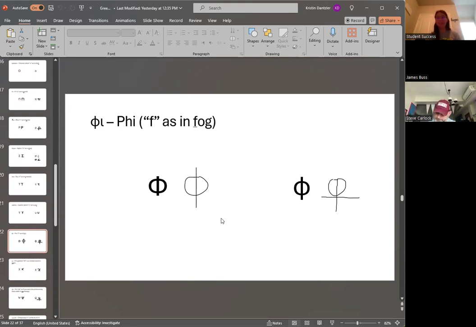Phi is sort of an F sound. Uppercase, the circle with the line straight through. And again, this is where the font gets kind of weird. What you'll normally see in most documents for the lowercase is something that comes around and then they bring it down below the line.